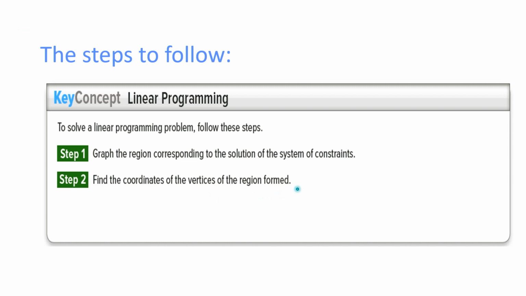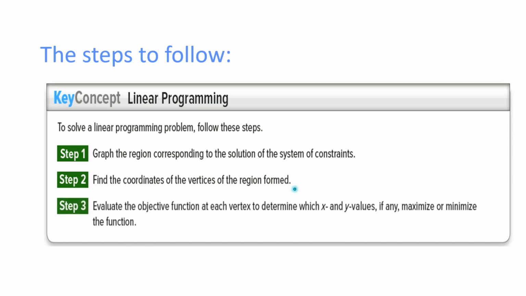So wherever those lines meet, you find those points of intersection. And then you evaluate the objective function at each vertex to determine which x and y values, if any, maximize or minimize the function. So in all, we have 3 steps to follow for any linear programming problem.